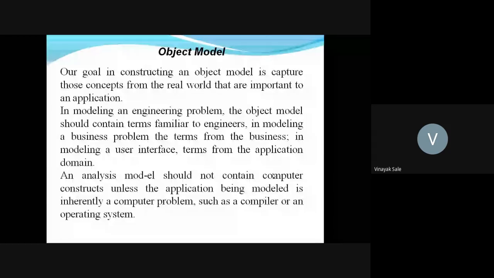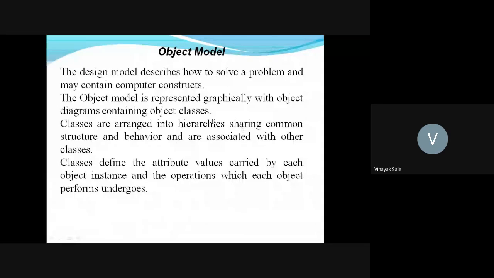The analysis model should not contain computer constructs unless the application being modeled is inherently a computer problem, such as a compiler or an operating system. The design model describes how to solve the problem and may contain computer constructs.